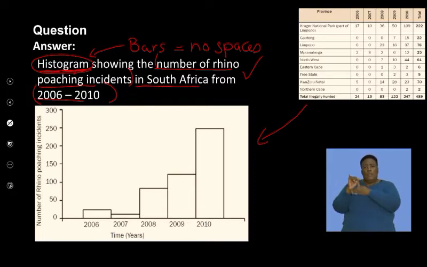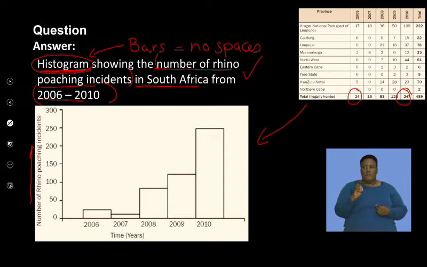We also had to create a scale on the y-axis, and for me to do that, I had to look at what the lowest number was, and we can see that the lowest number is 24, and the highest number is 247. So we're looking at approximately 250.